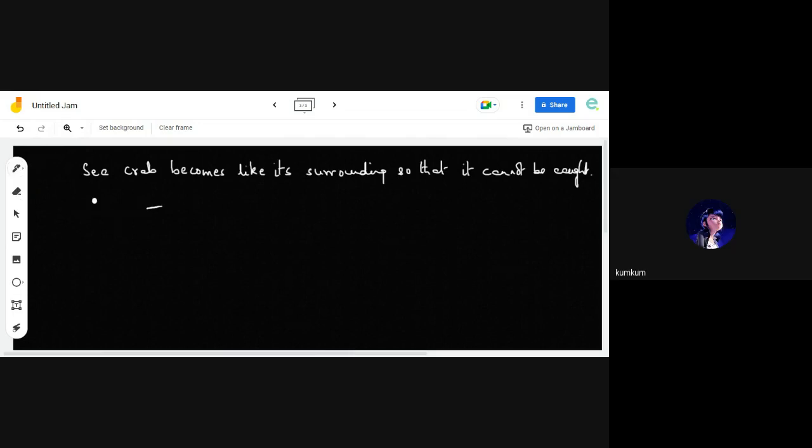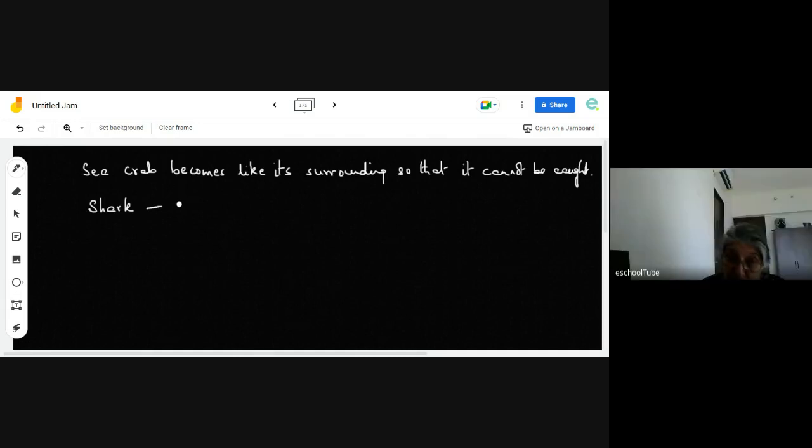Ma'am, it's used for hunting. It camouflages itself for hunting. Okay. Camouflages itself for hunting. How?